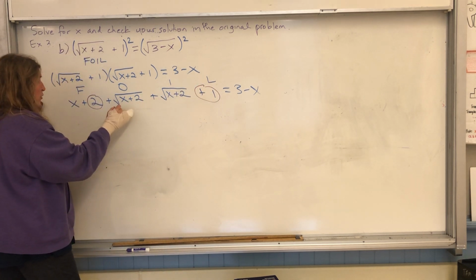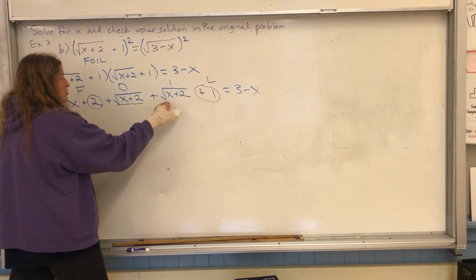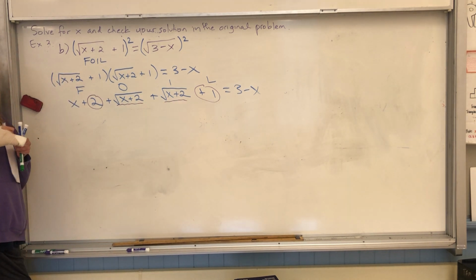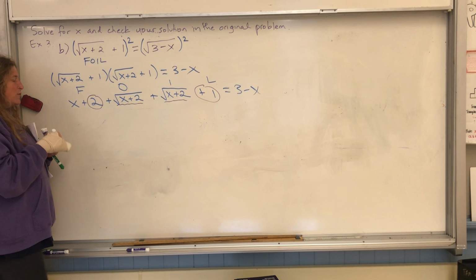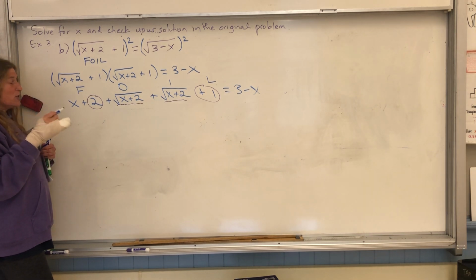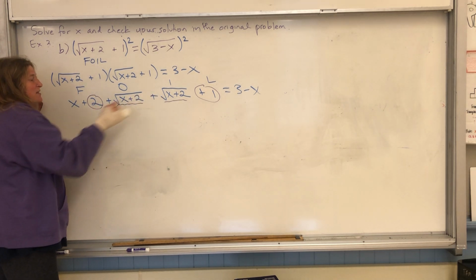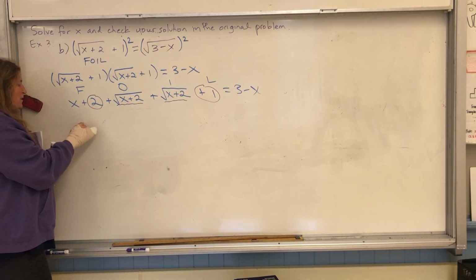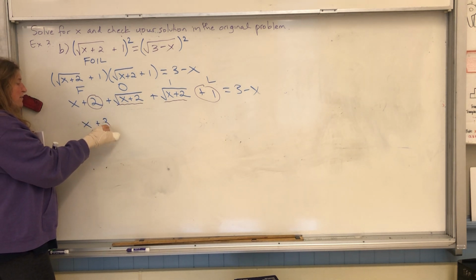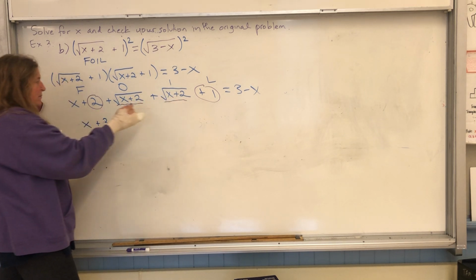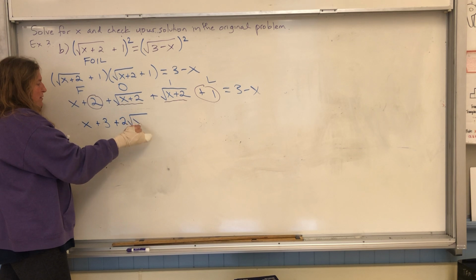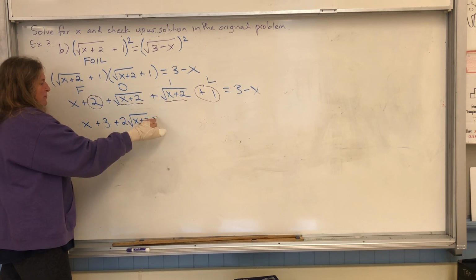And then I can also take the square root of x plus 2 and add it to the second square root of x plus 2. So if I do that, right, if you remember from lesson 5.2, I can add these if they're like terms, and they are in fact like terms. So I can do the x plus 3 from doing the 2 plus 1, and if I add these, I end up with 2 times the square root of x plus 2.